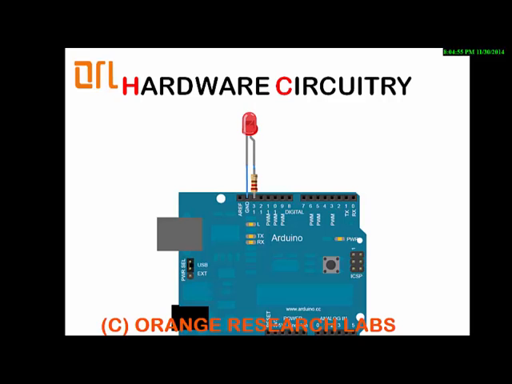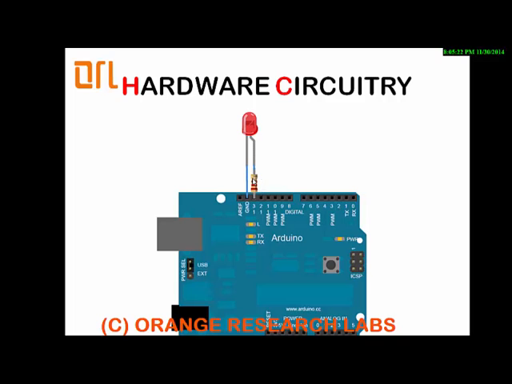This is the anode terminal and this is the cathode terminal. The cathode terminal is connected to ground. The anode is connected to a resistor, and the other end of the resistor is connected to pin number 13. This is my circuit for interfacing an LED with Arduino.